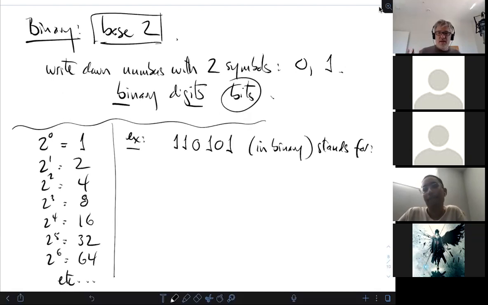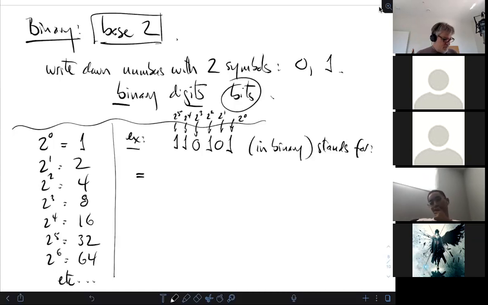The expanded notation is, in decimal, this is the place of the units, or the 10 power 0, so this will be the 2 power 0s. These will be the 2 power 1s, the 2 power 2s, the 2 power 3s, the 2 power 4s, and the 2 power 5s.